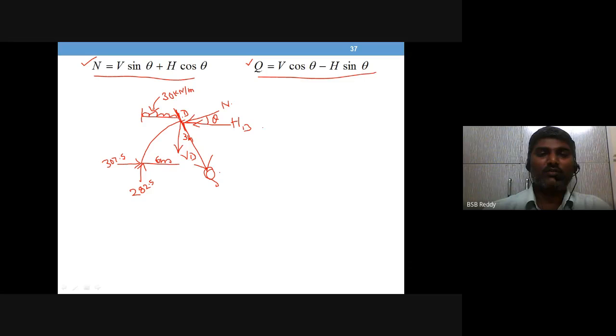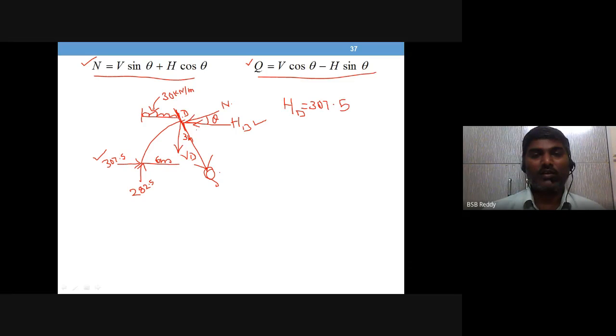H, anyhow, you have only two horizontal forces, 307.5 and HD. So if you take the sum of all horizontal forces, that will give you HD value as 307.5. So H is always constant.